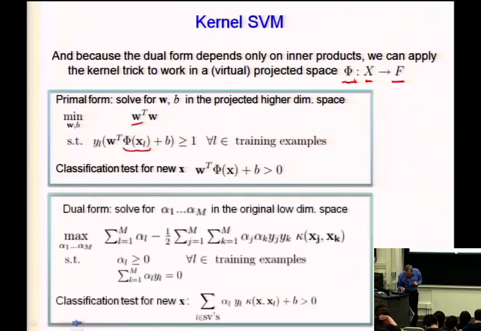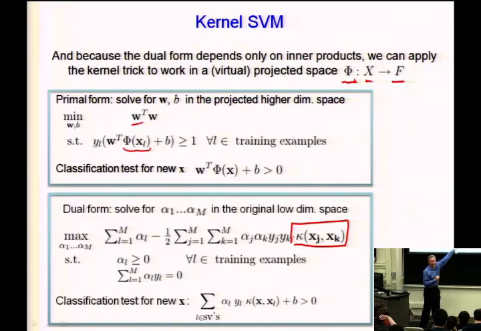And now the dual problem, just like in the linear regression case, remains living down in the original space. So again, we have the same objective function we had before for the dual, except now I've replaced the dot product of each training example by the kernel function.